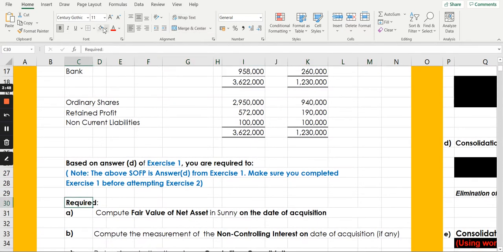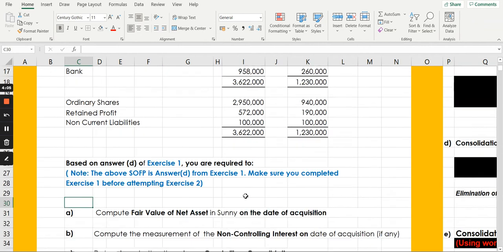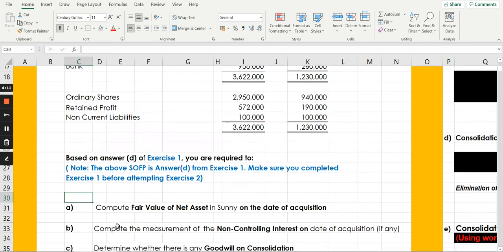First, compute the fair value of net assets in Sunny on the date of acquisition. The date of acquisition was 1st of January year 5. The above answer, as I said, was taken from the previous exercise.